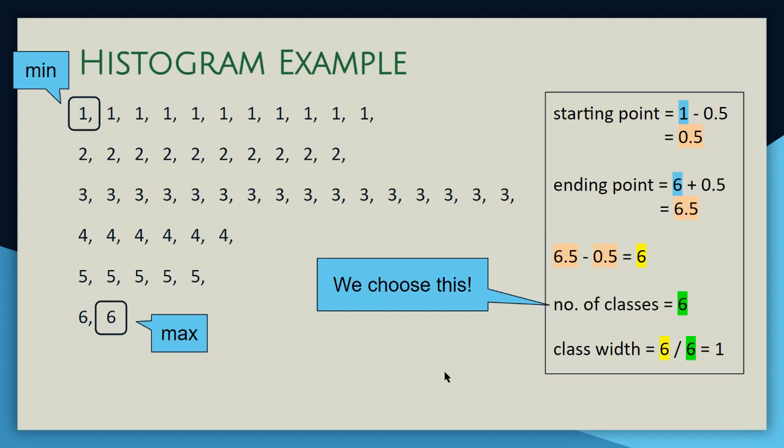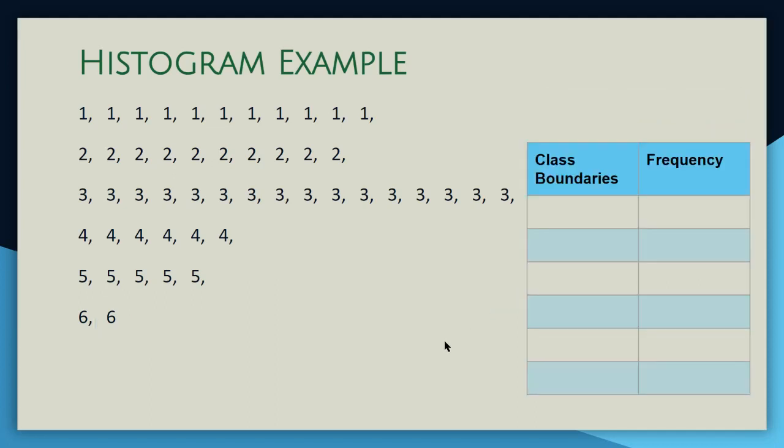Okay, our next step is to use that class width and our starting point to build a frequency table. So here's a blank frequency table. You can see that I've put 6 rows in that frequency table for our 6 classes. And then a reminder that our starting point was half a step below 1, and we decided our class width was 1.